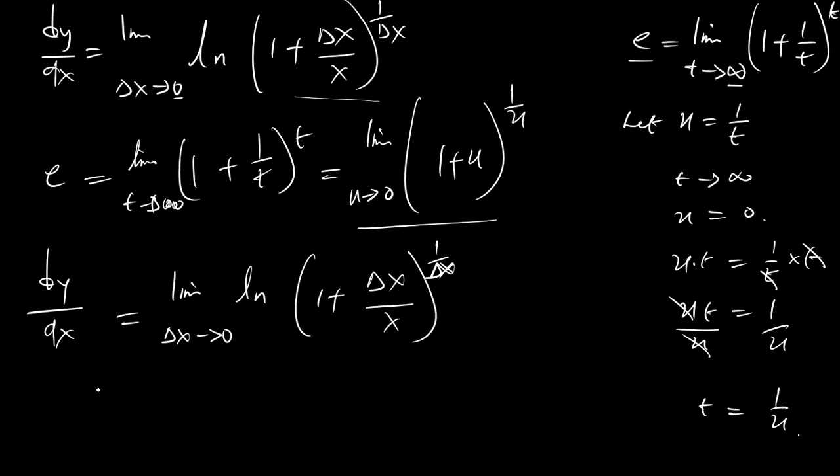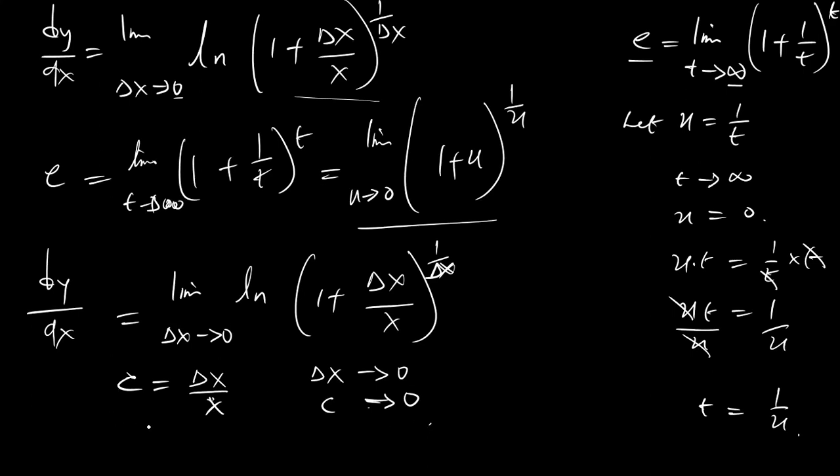Now let's also use another variable here. Let c be equal to delta x all over x. So I want to do a change of variable here again. If delta x tends to 0, c tends to 0.